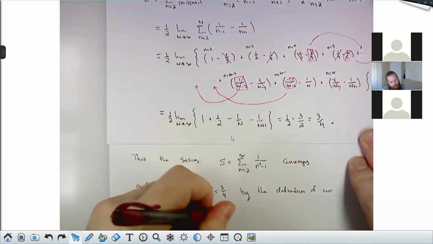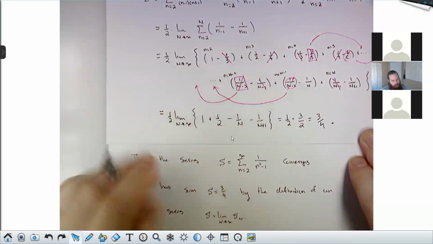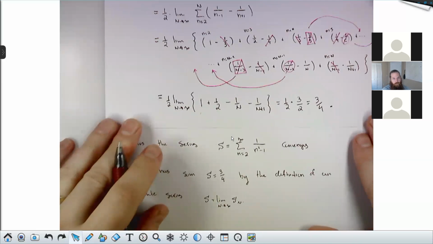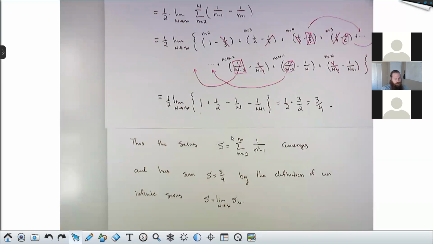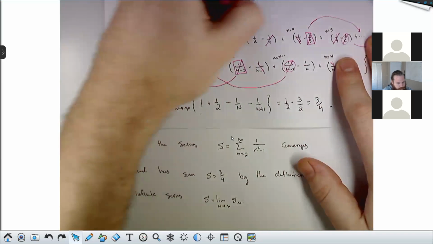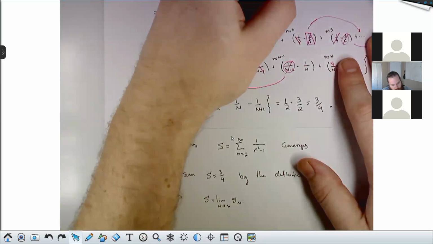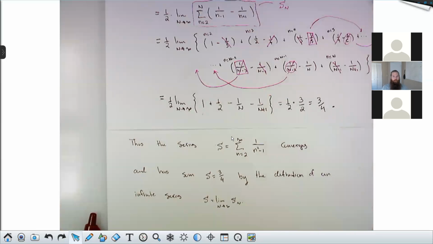S is the limit as capital N goes to infinity of the S_Ns. Because here we were able to compute the S_Ns. This thing right here is S_N. It equals 3/2.